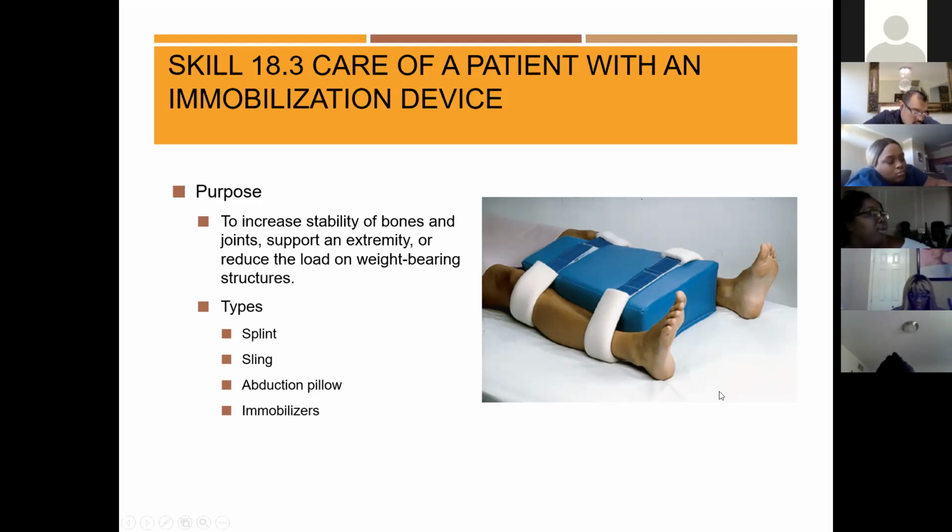How I remember adduction and abduction: adduction is AD, so adduction is to add, and abduction is to subtract, so you move away. Very good.